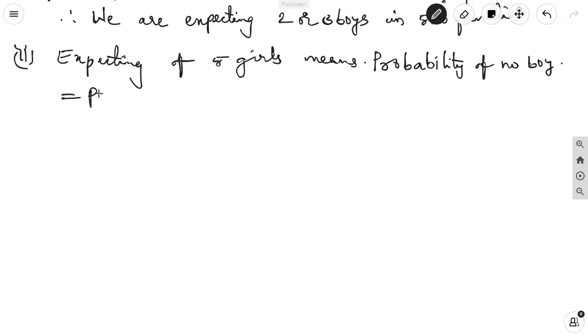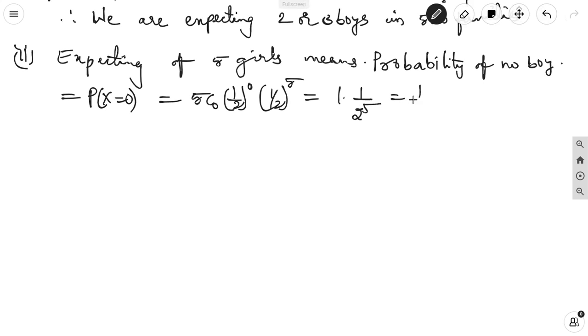That is equal to P of x equal to 0, equal to 5C0 into 1 by 2 whole power 0 into 1 by 2 whole power 5. 5C0 is 1, so 1 by 2 power 5, which is 1 by 32.